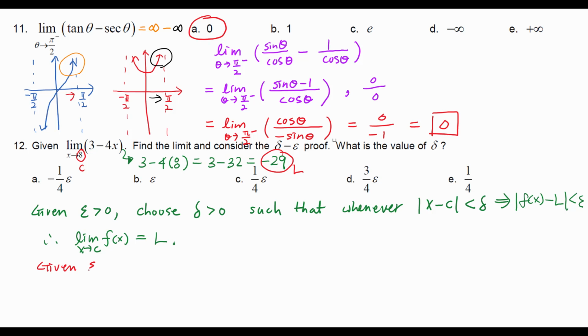So given epsilon greater than 0, choose delta equal to, we don't know yet, we need to work it out.